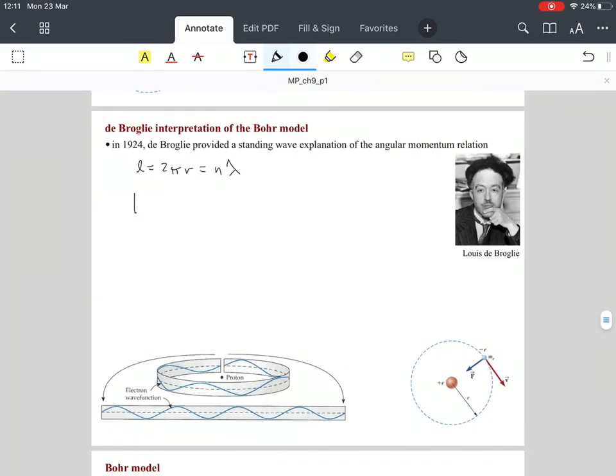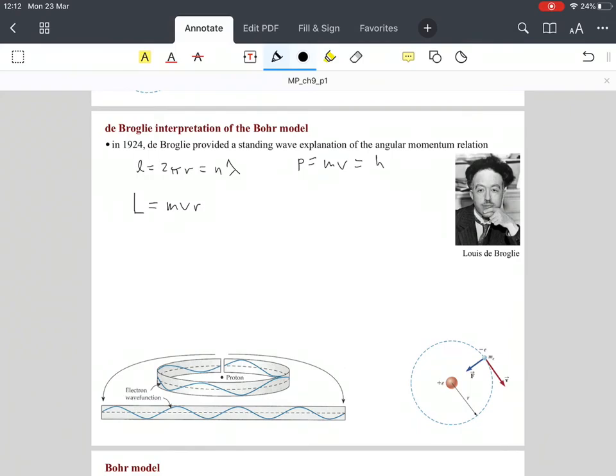We then look at what L is, capital L, being the angular momentum. And we said that's mvr. Now, we also have that the linear momentum is p equals mv.